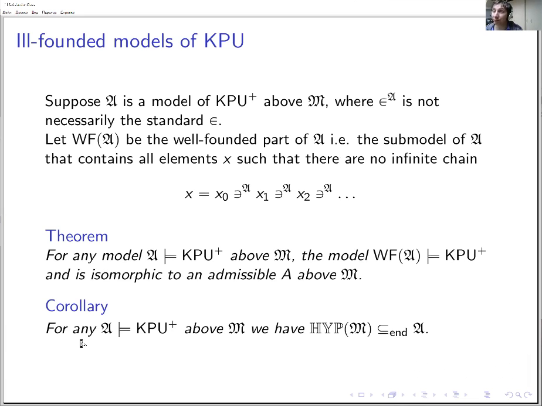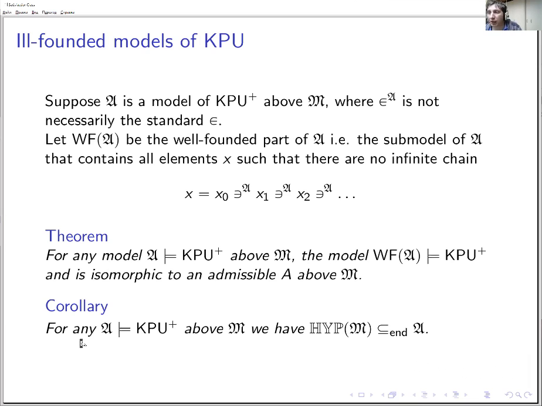Okay, now consider ill-founded models of KPU. Basically, now instead of having the set theoretic part be a standard set with the standard membership relation, we consider these models of KPU just as usual first-order structures.